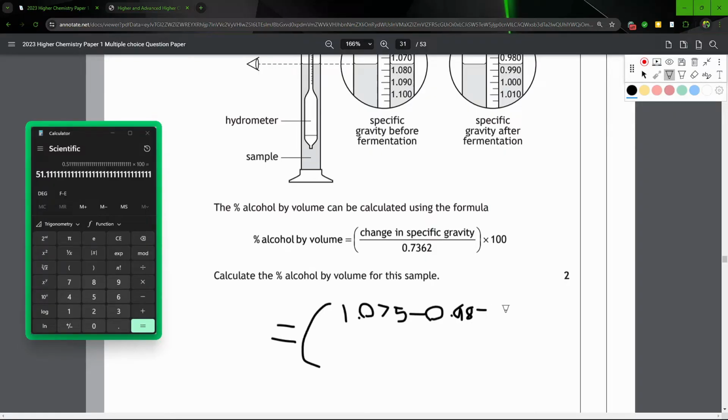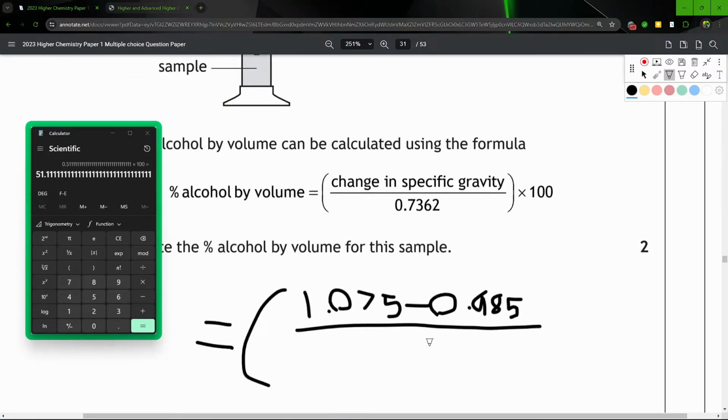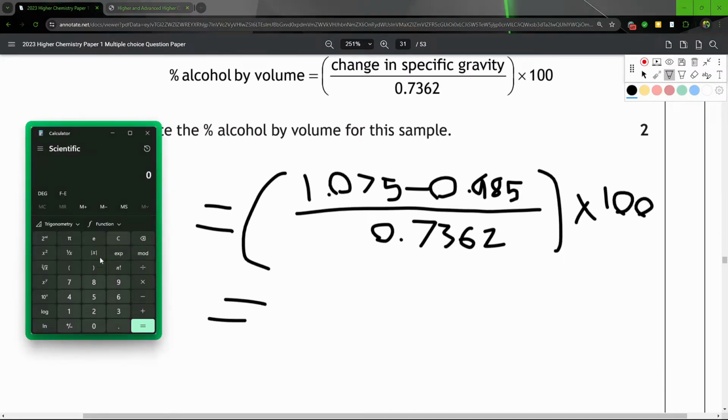Oh, fiddlesticks. I'm really good at drawing fives, I swear. And then divide the whole thing by 0.7362, times 100. Right, and then we can go and just do this. So let's just go and calculate the difference.